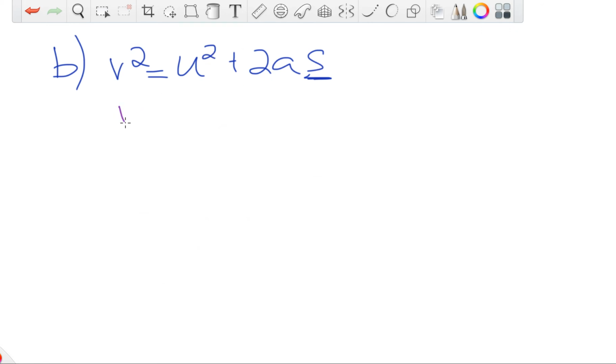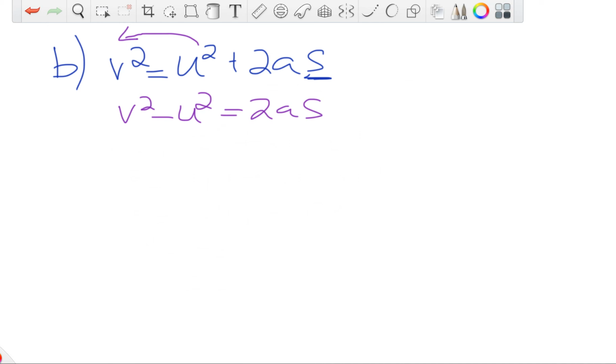So it would be v squared minus u squared equals 2as. So we're just bringing this to that side. And whenever you go past the equal sign, you have to make it the opposite sign. So right now it's a positive u, so we made it a negative u.